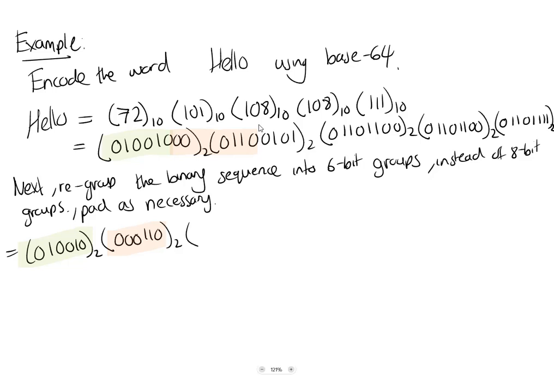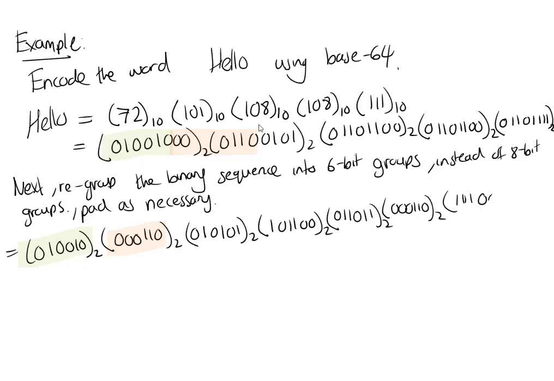It's going to be 010101, I'm just copying from the top. 101100, 011011, and then 000110, and then finally 1 2 3 4 0 0. I'm just copying it from the top. I have to cross-check all the time to make sure I didn't make a mistake.